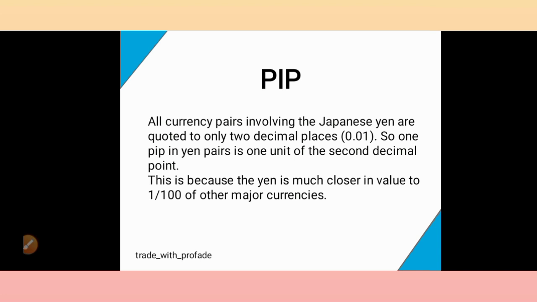So the takeaway is, if you are having any currency pair with USD, the fourth decimal place will be your PIP. If it involves the Japanese yen, the second decimal place is where your PIP is at.